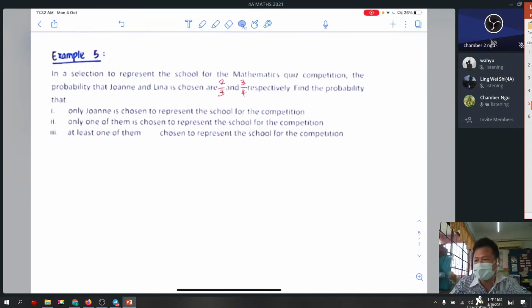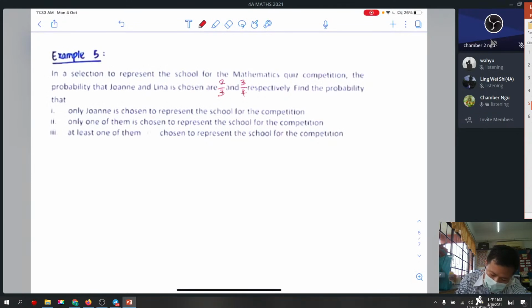We try to draw out the Venn diagram now. Only one of the... alright.